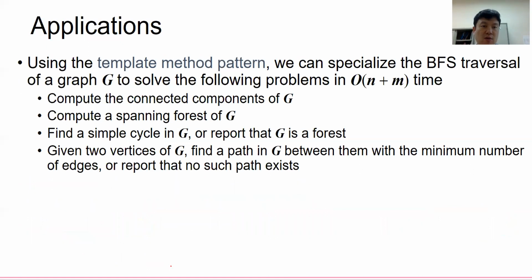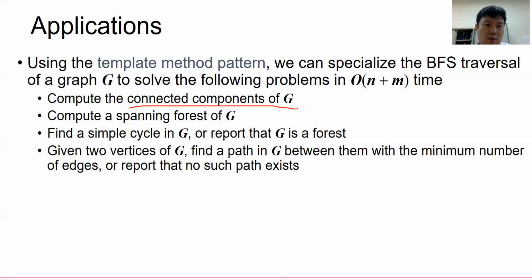The application of the BFS is to get the connected components. So what are the connected components of G? Let's say you have navigation. The navigation uses this kind of algorithm because it's very fast.